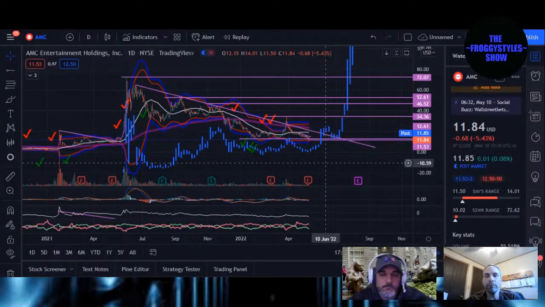The key is getting that secondary revenue stream set up, the popcorn sales, because if they can bring in even a minimum of $150 million a year with popcorn sales, that will cover any deferred rent payments that they had previously. So I'm fully convinced we're going to be profitable in Q4 with all these movies coming out.